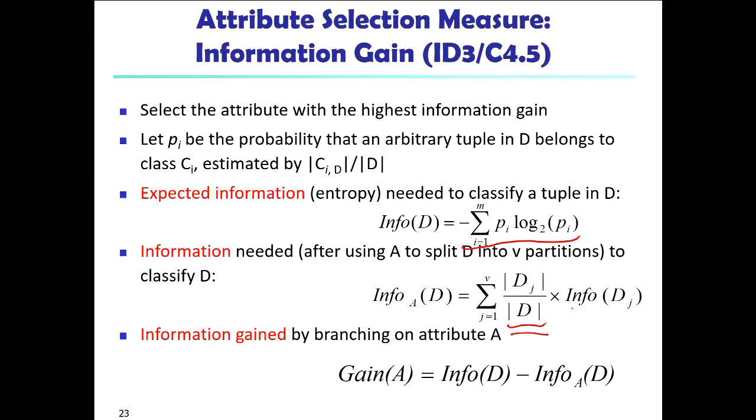And this is the entropy of the data that belongs to this partition. So you can see this is the expectation because for each partition you get its entropy and get its portion, and you do the sum. So what you have here is actually the expectation of the entropy after you do the splitting. Then the information gain is the difference between these two.